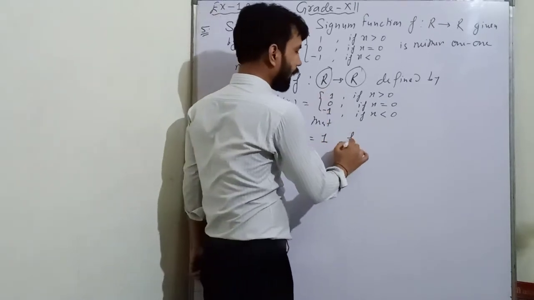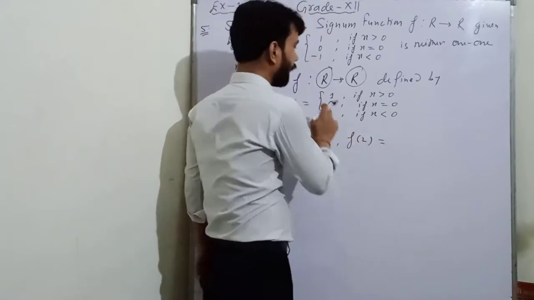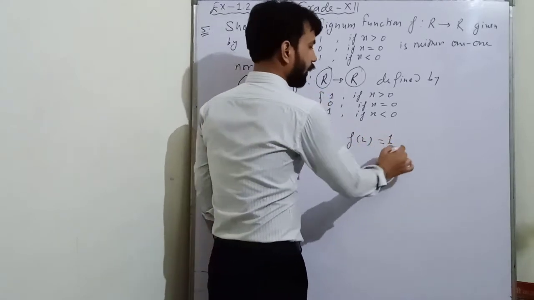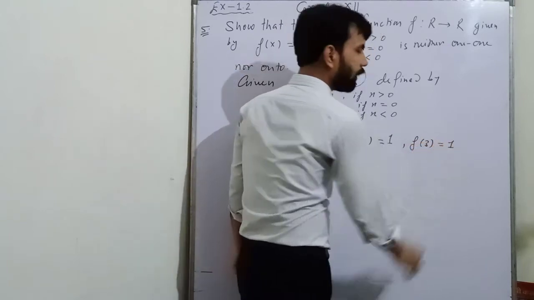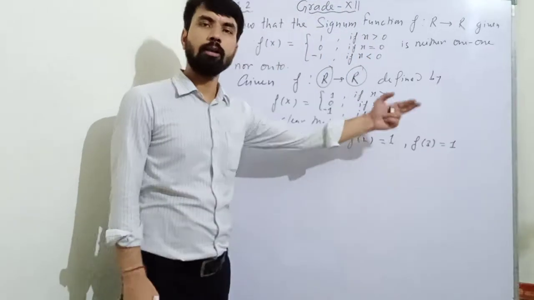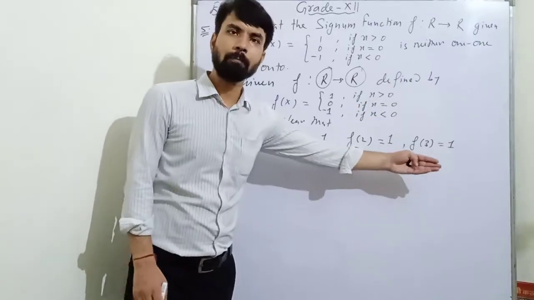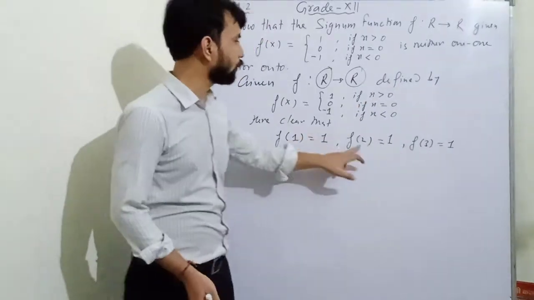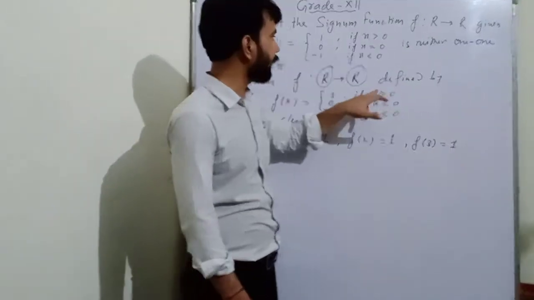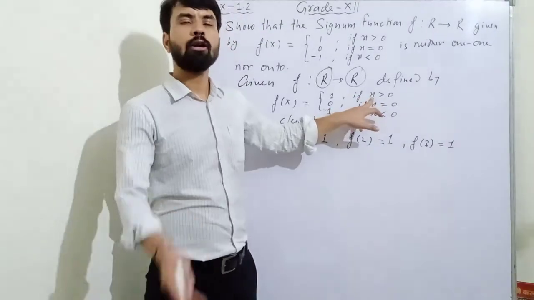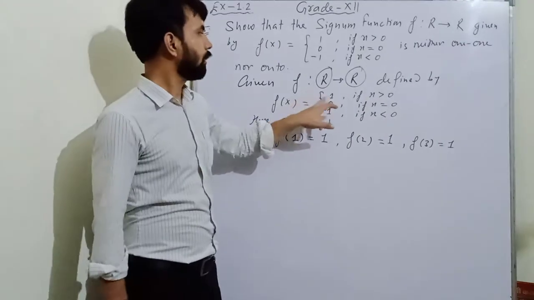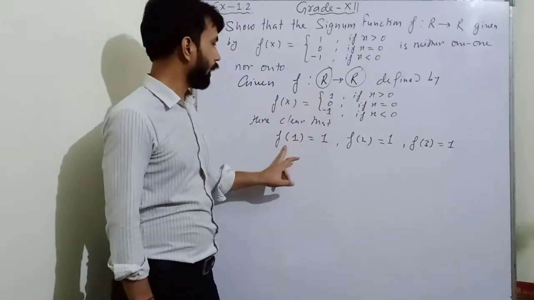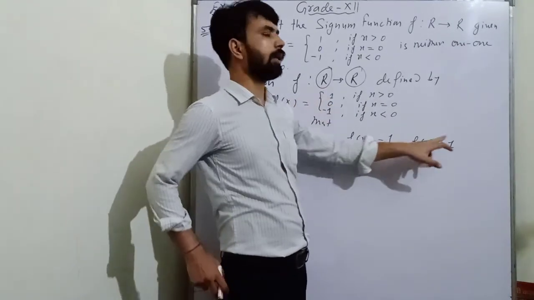If I am taking f(2), then again value will be 1. If I am taking f(3), then again value is 1. Similarly f(4) value is 1, f(5) value is 1. Clear? Because 1, 2, 3, 4, 5 all are greater than 0. So for every x greater than 0, the value of function f(x) will remain 1.